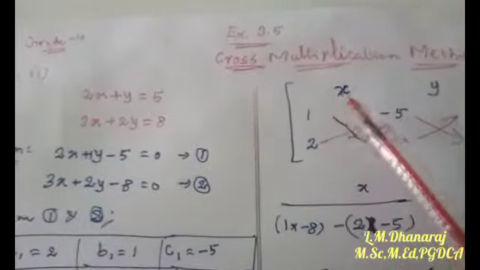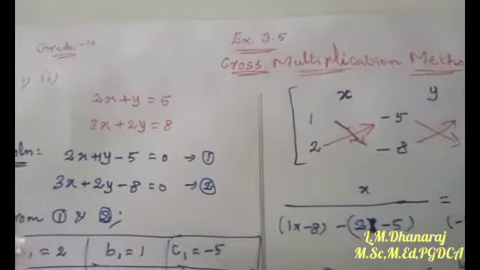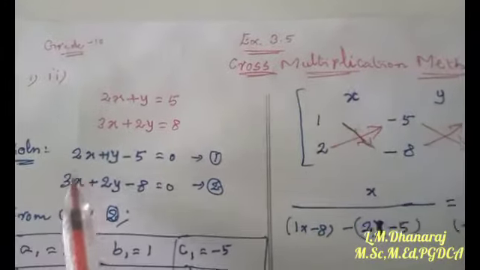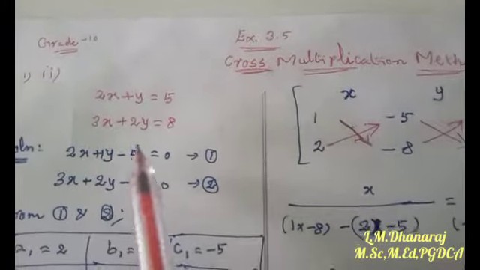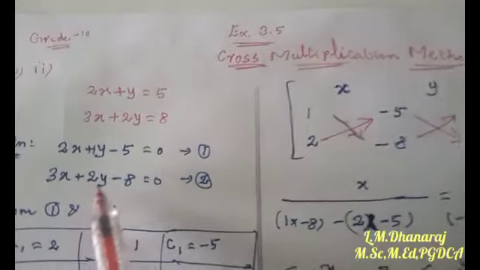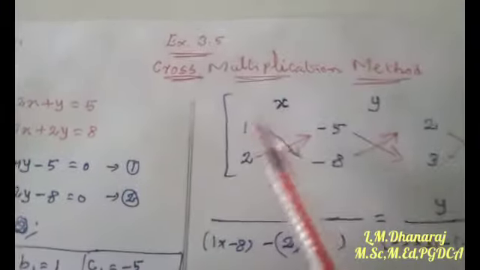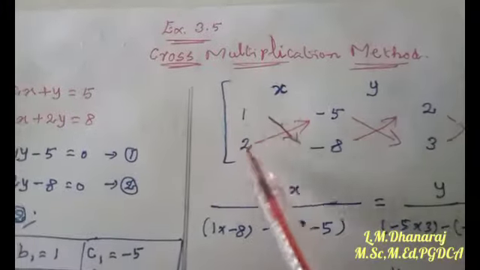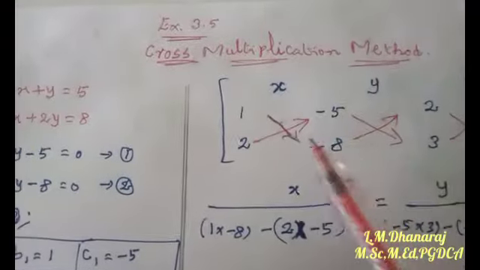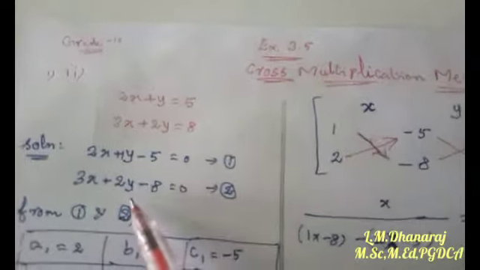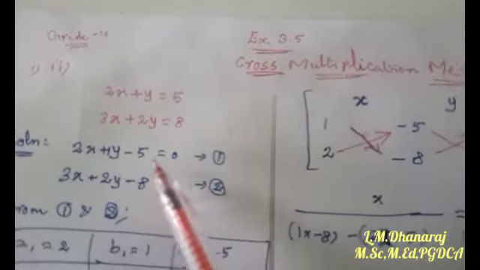Then compare these two equations. For x, you have to leave the x terms and write the coefficients of y and the constant term. That is 1, 2, minus 5, minus 8. So we leave some space and write 1, 2, minus 5, minus 8 like this. Now for the y term, we have to leave the y term and write the x terms and constant terms.